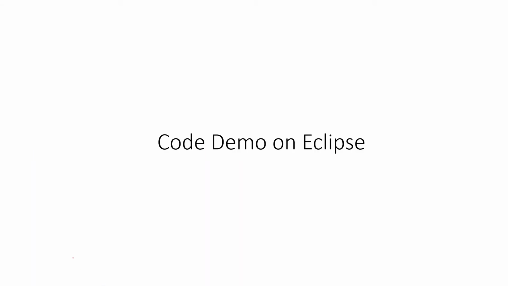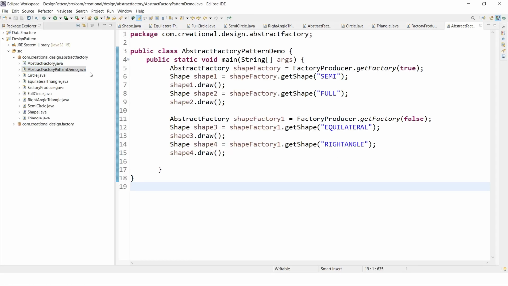So moving on to the Eclipse now. For the sake of time, I have already written those abstract classes and the interfaces in this Eclipse, and we can directly run this code, but let me go through once what all the classes and interfaces I have created. As the first step, we had to create this shape interface, right?